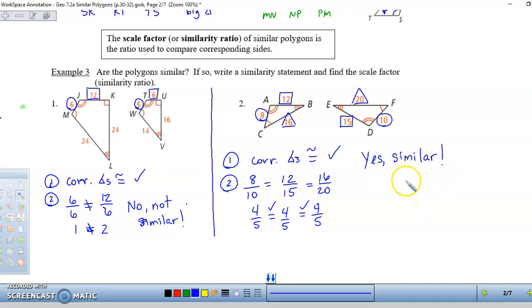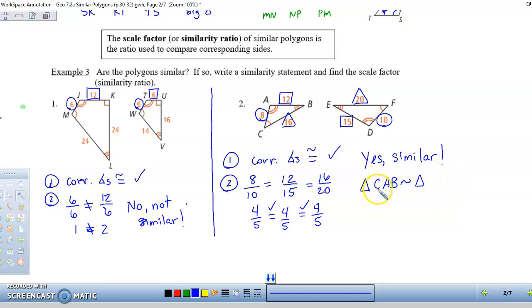And now I need to do a similarity statement. For the similarity statement, you can use the triangle symbol. And remember, the first way you write the triangle, it doesn't matter how you do it. So maybe I'll say CAB. And then remember, you're doing just the squiggle. And then next, I have to have corresponding letters on the second. So pause and try to do that yourself.